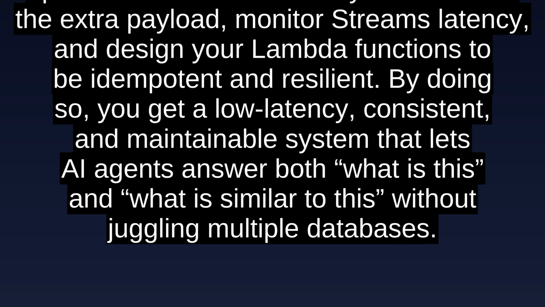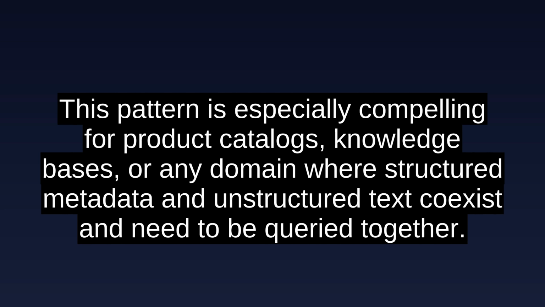Size your tables for the extra payload, monitor streams latency, and design your Lambda functions to be idempotent and resilient. By doing so, you get a low-latency, consistent, and maintainable system that lets AI agents answer both, "What is this?" and "What is similar to this?" without juggling multiple databases. This pattern is especially compelling for product catalogs, knowledge bases, or any domain where structured metadata and unstructured text coexist and need to be queried together.